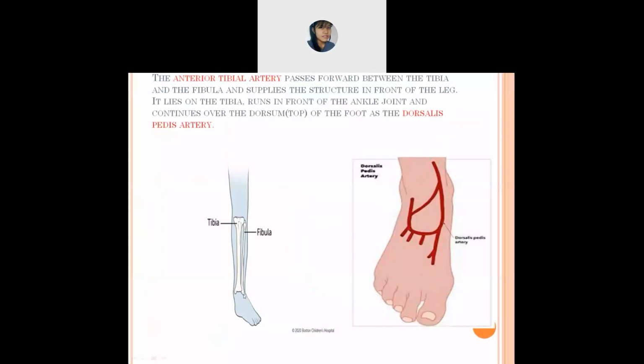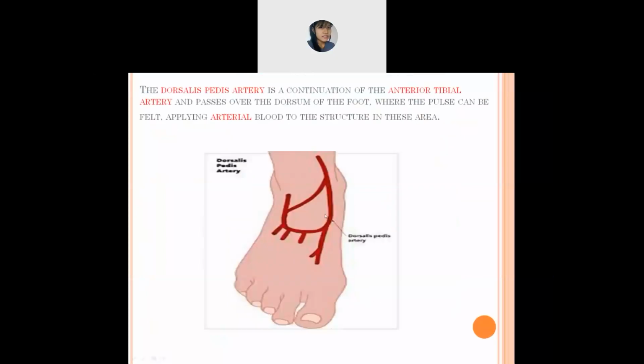So ultimately, it is the continuation of the anterior tibial artery, not fibula. Rashmi, don't get confused. This is the dorsalis pedis artery, and you will be able to feel your pulse right here.